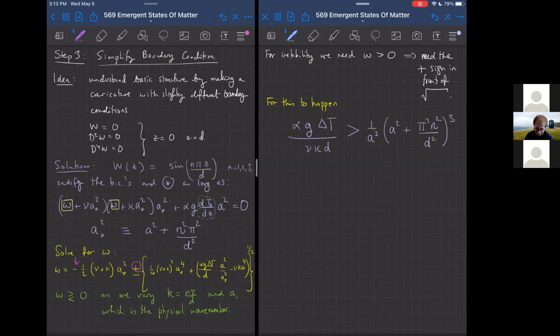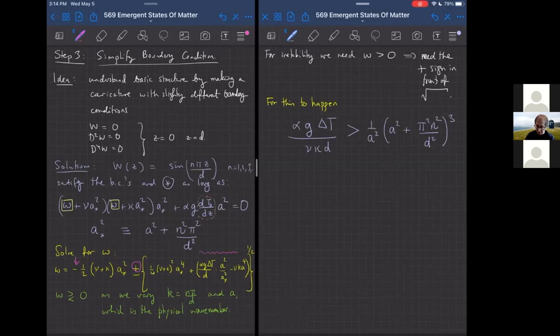So all I've done is I've taken the formula inside the square brackets over here, I've replaced a star squared by a squared plus n squared pi squared, and then I've simply expanded that term and written it in this form over here.